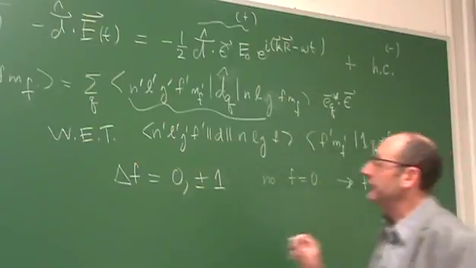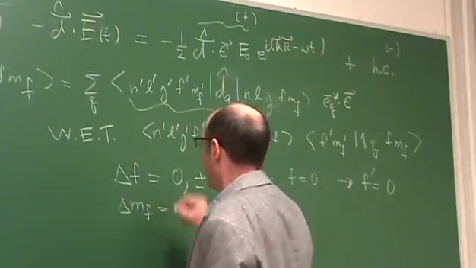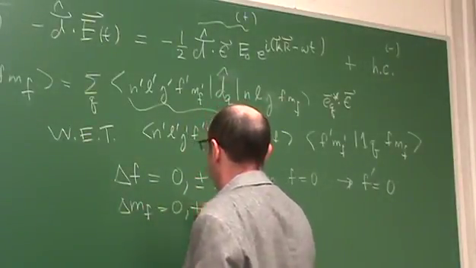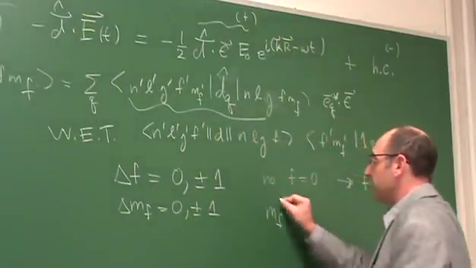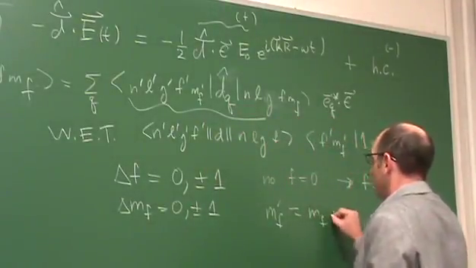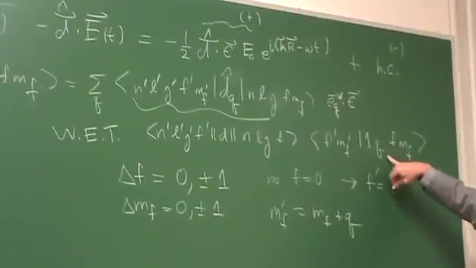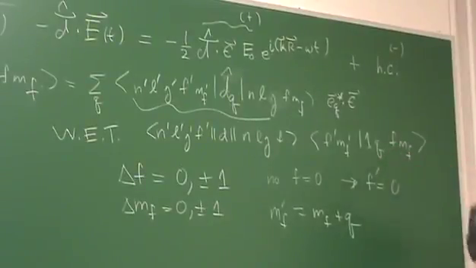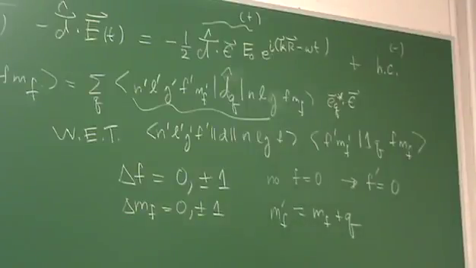because there's no way I can add 1 unit of angular momentum to 0 and get back 0. And moreover, we see that delta M sub F is equal to 0 plus or minus 1, or in fact, for the particular value of Q that we have, remember Q can take on values plus 1, 0, or minus 1, because this was a rank 1 tensor.